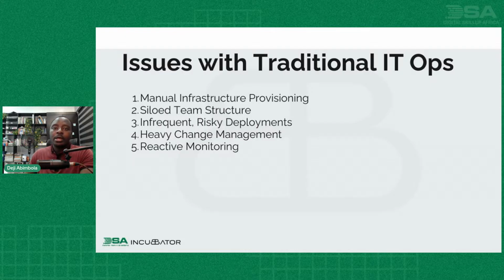There is also infrequent, risky deployment. Because the process is not automated, and because of the inherent potential for errors, because all of this is being handled by humans, right? There is a high chance that when you are doing deployment, it becomes risky.